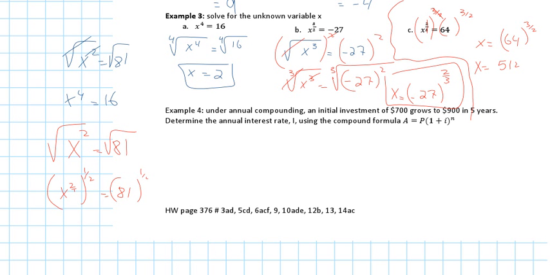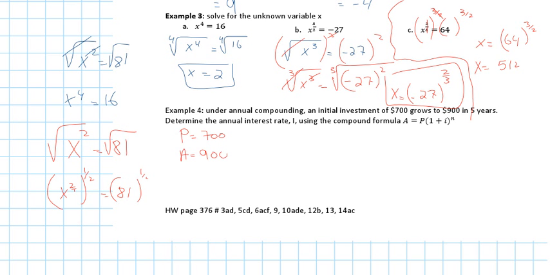700 represents your initial amount, so it's A? No, P. P, and A represents your final amount. Okay? And then 5 years represents what letter? N. Okay? So your P, your principal, is $700. So this is how much money you put in. Your final amount is 900.